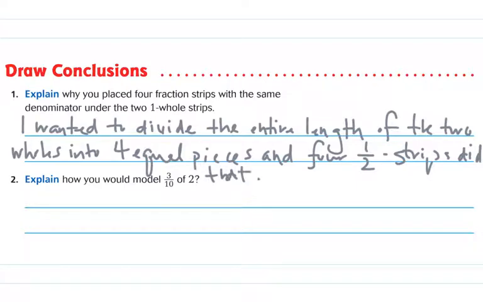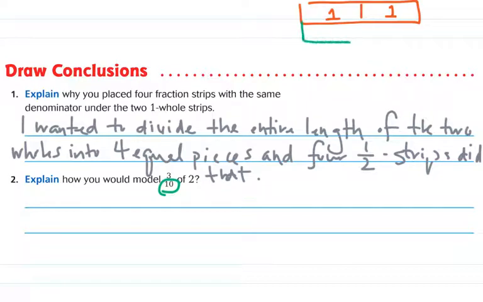Next, boys and girls, it says, explain how you would model 3/10 of 2. I'm going to draw this out again for you like we did before. So we have 2 wholes, 1 whole, 2 wholes. Now if we want to represent 3/10, when we look at the denominator, we see that it says 10. So we need to figure out what would allow us to have 10 pieces on here.